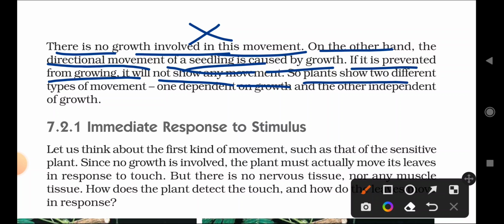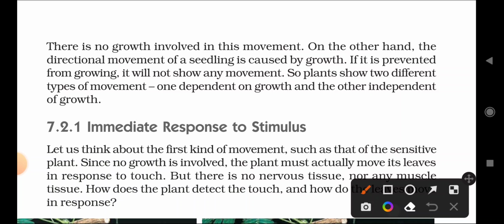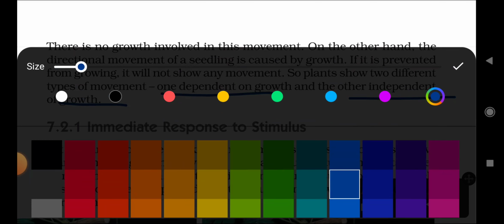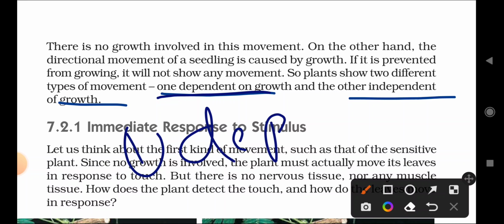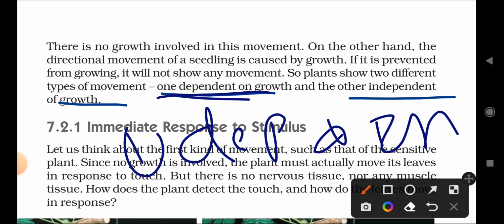Plants show two types of movements. Remember: one is dependent on growth, and the other is independent of growth.